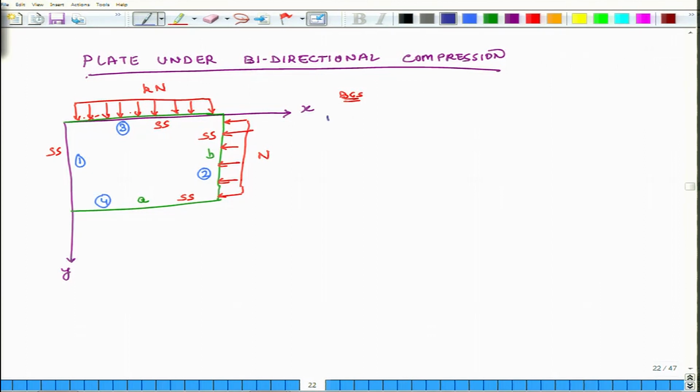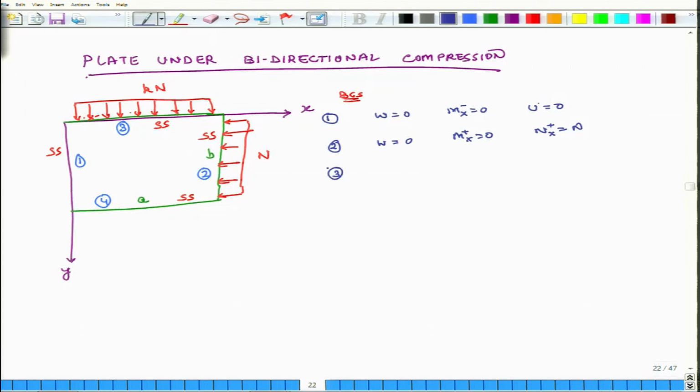So, on edge 1 we have W equals 0, Mx equals 0, U equals 0. On edge 2, W equals 0, Mx equals 0, and Nx is equal to N, Nx plus.